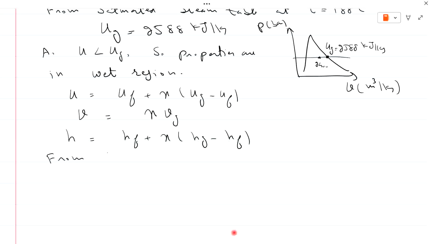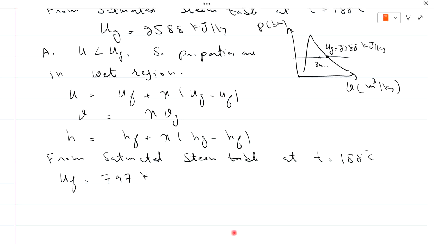So from the saturated steam table, at temperature equal to 188 degrees centigrade, Uf is equal to 797 kilojoule per kg. Ug is equal to 2588 kilojoule per kg.